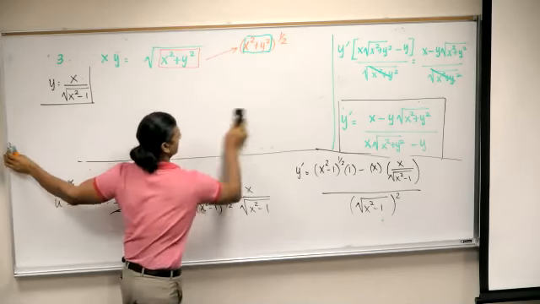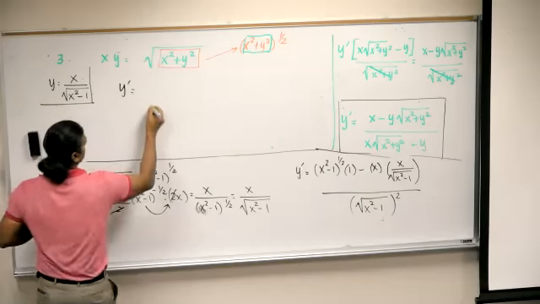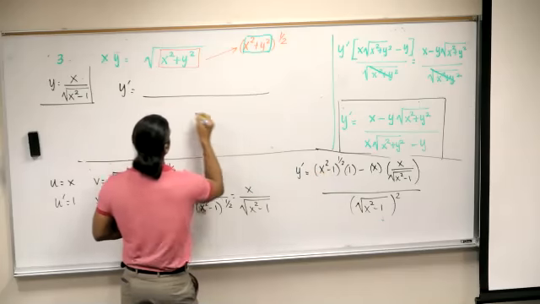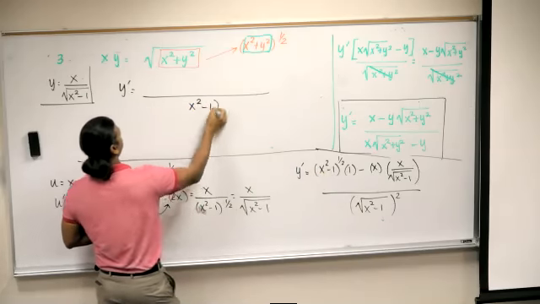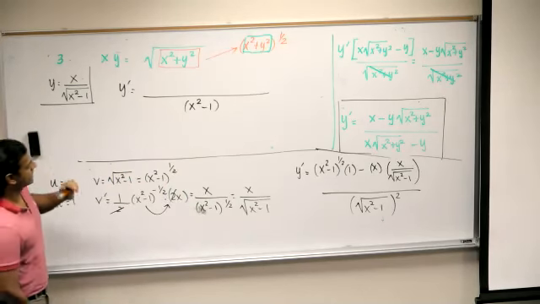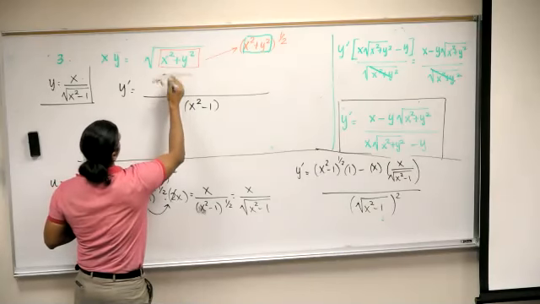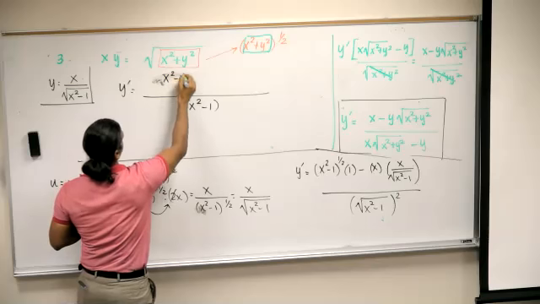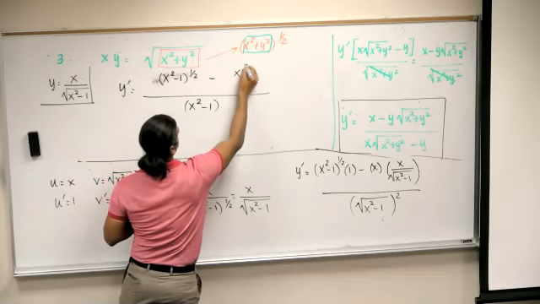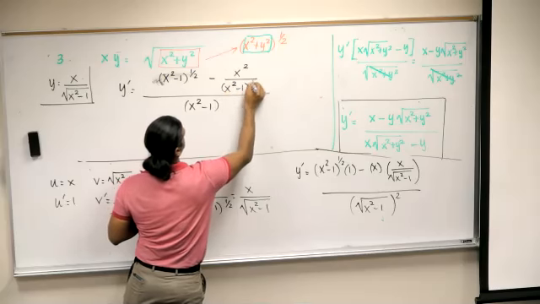So in the denominator, the root and the square will get cancelled. Then at the top, in the numerator, you have the square root of x squared minus 1, raised to the 1/2, minus x squared over x squared minus 1 raised to the 1/2.